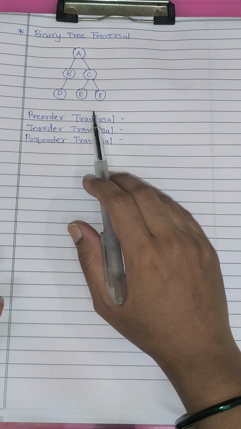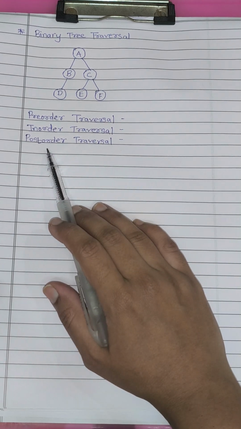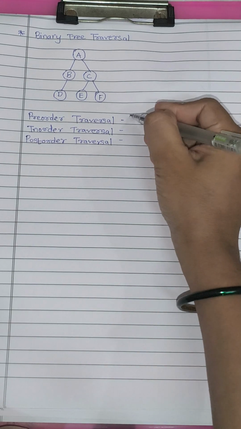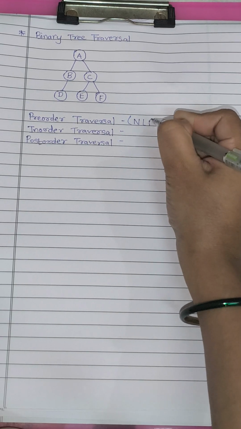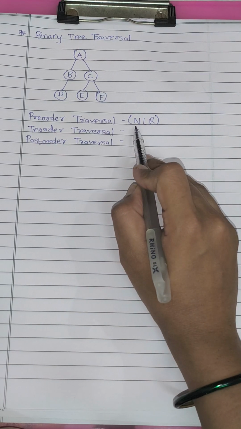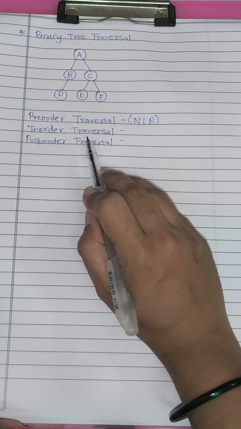Then there are different techniques involved, where we have pre-order, in-order, and post-order. Talking about pre-order traversal, the sequence that it follows is N, L, and R. N is the parent node, L is the left child, and R is the right child.